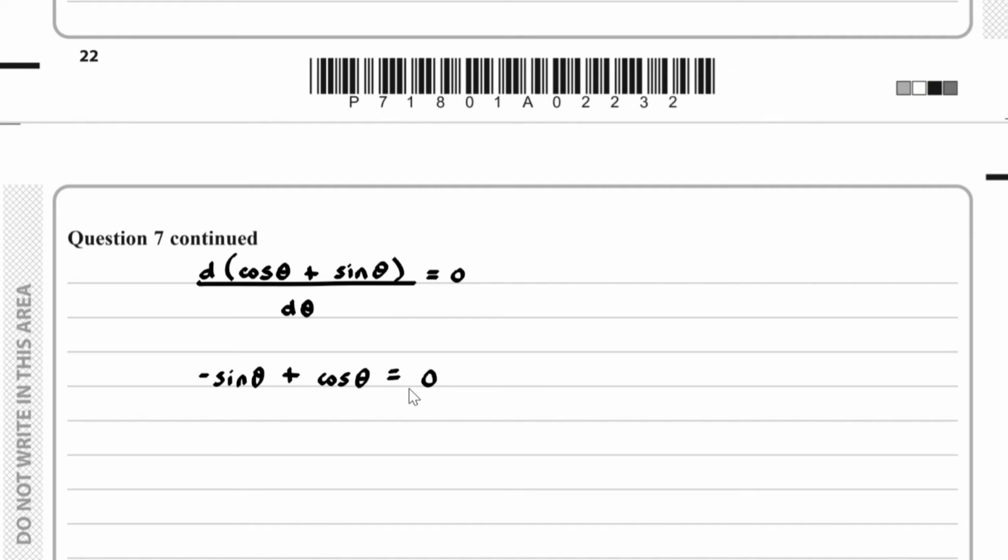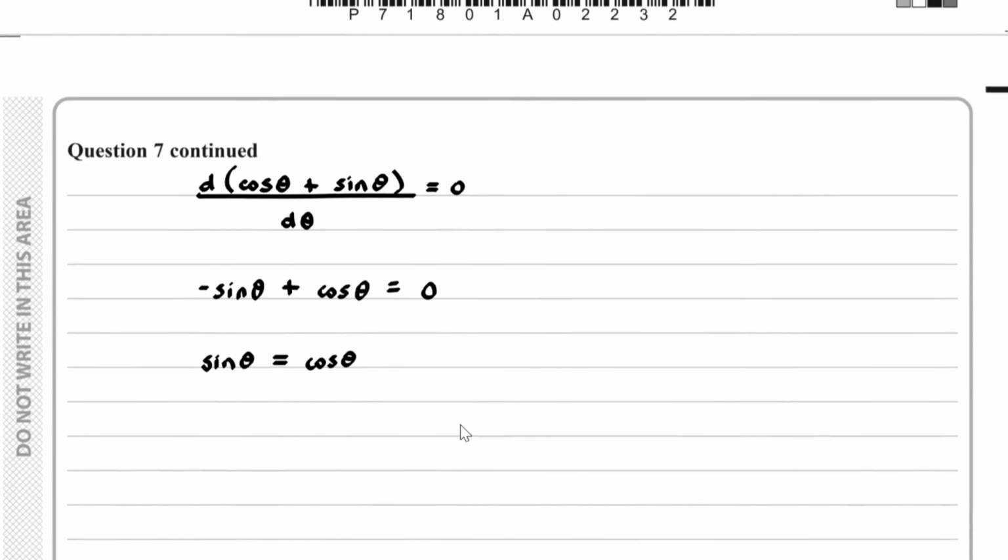If we set this equal to 0, then sin theta equals cos theta, and therefore tan theta will equal 1, if I divide through by cos theta, which means that theta is equal to pi over 4.